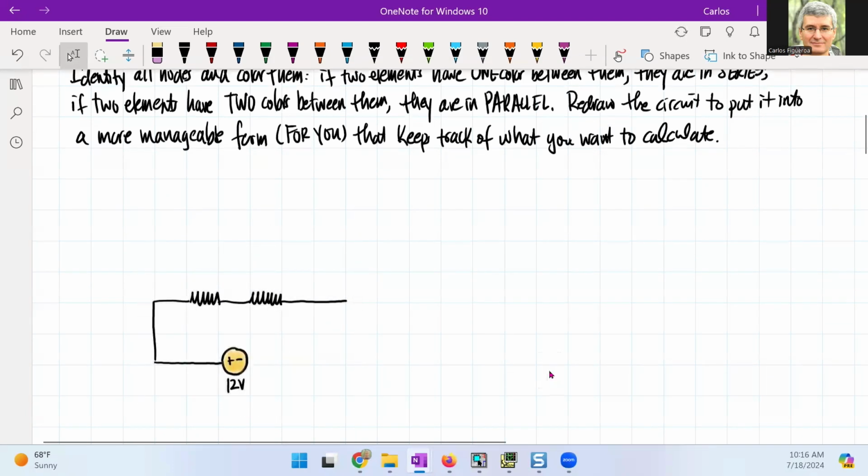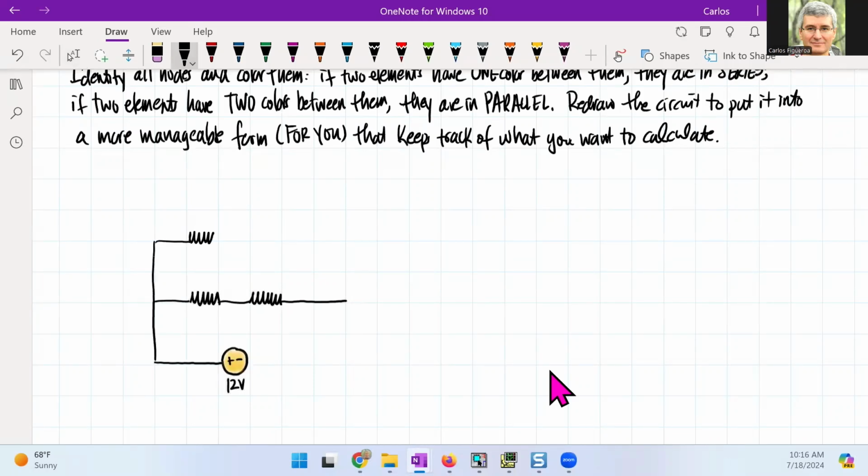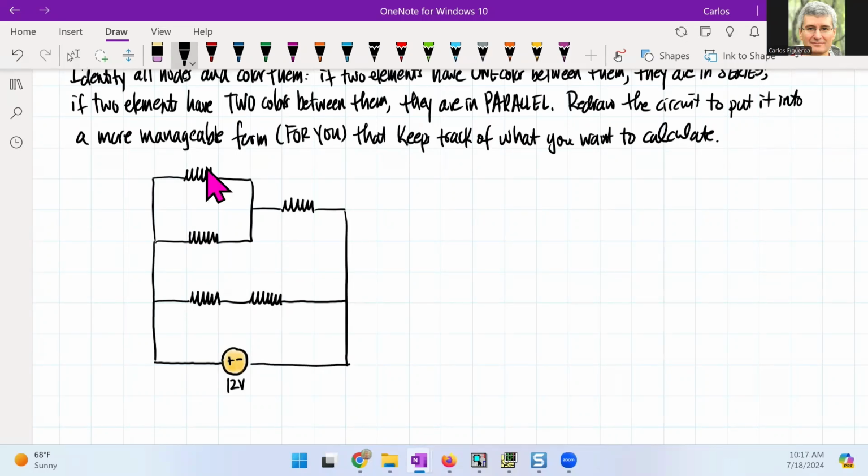Now I have two resistors in parallel, connected in parallel with one in series. Let's label all the resistors with their values.